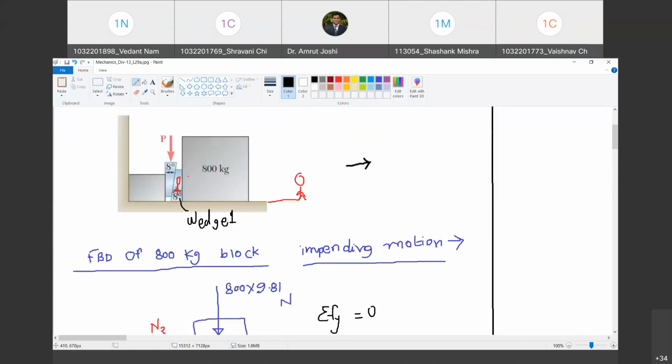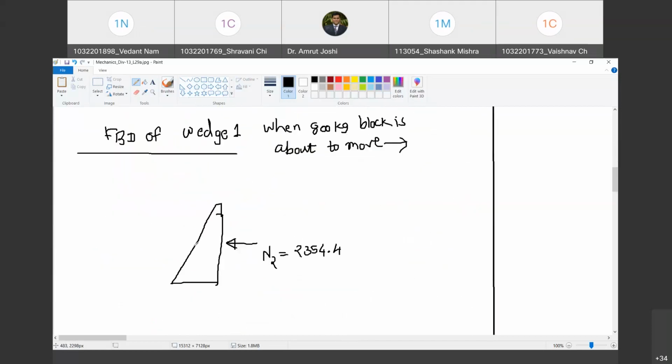What about this surface? On this surface, the second wedge, I will call this wedge 2. Will it apply some reaction on wedge 1? Yes, sir. Some force on wedge 1. And what will that be? There will be two forces applied by wedge 2. One is the normal force. Do you agree with me?